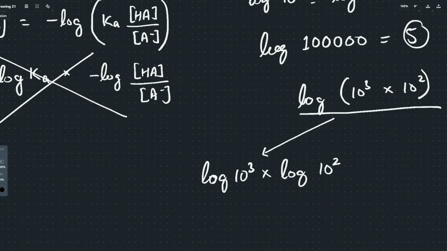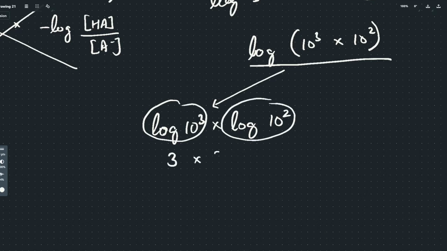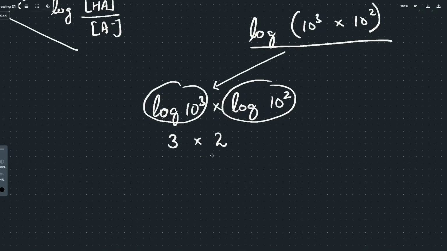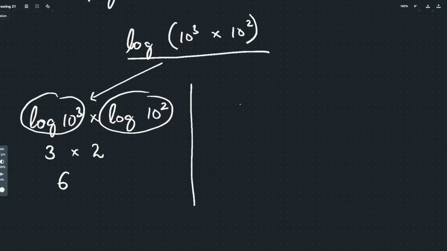Can we do this? Let's check this out. Log 10 raised to power 3, as I've told you, its value will be 3. You can check this on a calculator, and this value will be 2. If we multiply this, the answer will be 6, and we will see if this answer is correct. Or the other way is that we can write it like this: log 10 raised to power 3 plus log 10 raised to power 2.